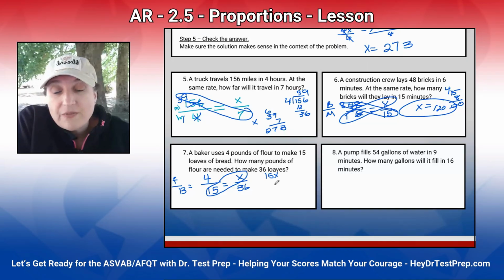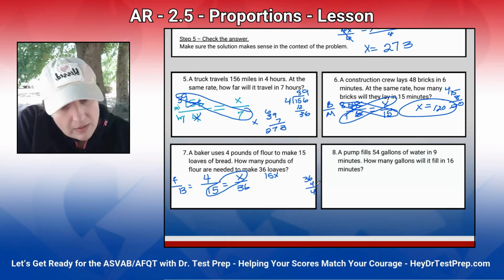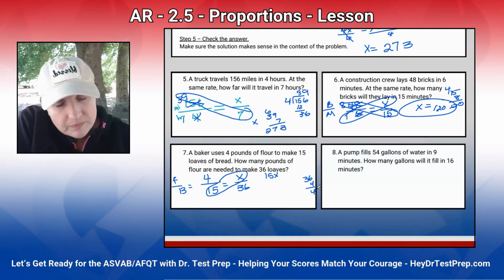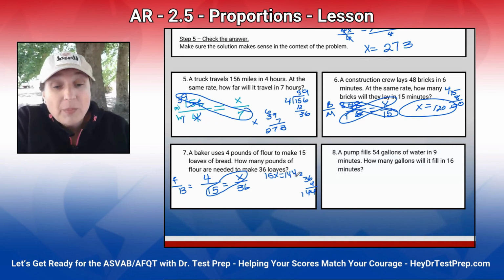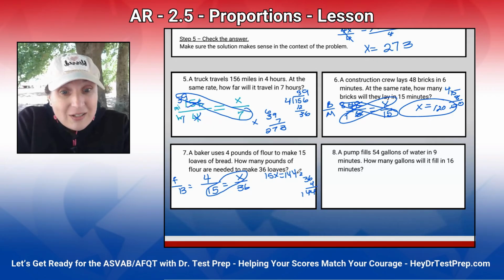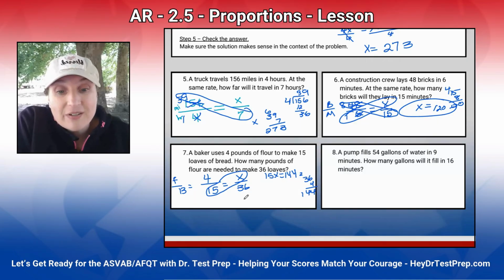15 times x is 15x. 4 times 36. I'm going to just do it on the side. 36 times 4, carry the 2, 144. Okay. But it doesn't go evenly. So what we can do is say, well, we know 15 times 10 is going to give us 150.